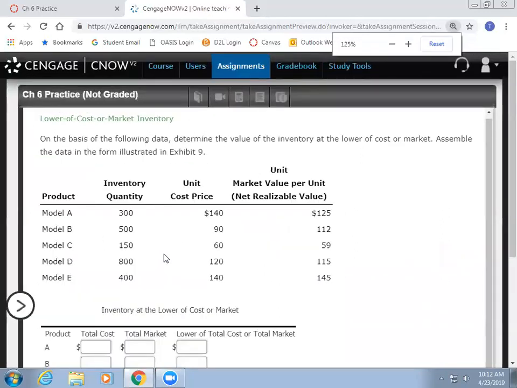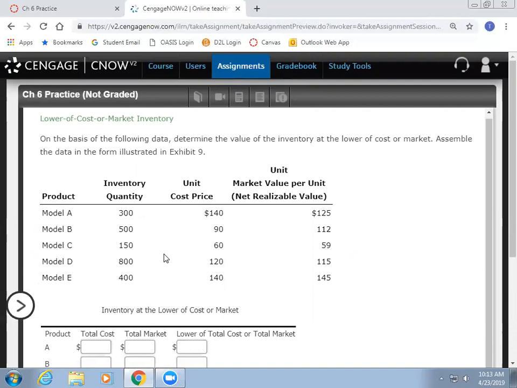So all lower of cost or market is, at the end of the year, we need to look at the value of our inventory. We don't want it to be over or under valued. So we're going to look at our costs, what we paid, and compare it to the current market price.